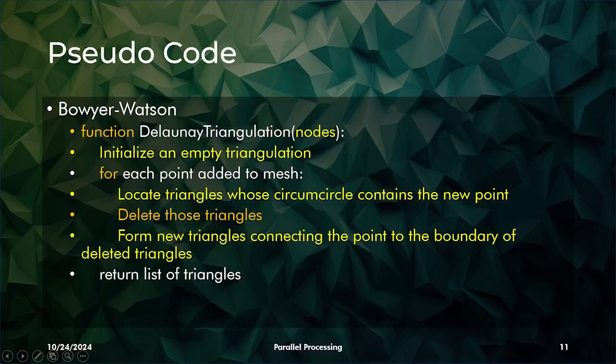Here we can see the pseudocode of the Boyer-Watson approach. At first, we initialize an empty triangulation, and for each point that we add to the mesh, we locate the triangles whose circumcircle contains the new point and delete those triangles. Then we form new triangles connecting the point to the boundary of the deleted triangles and check if it's Delaunay or not.